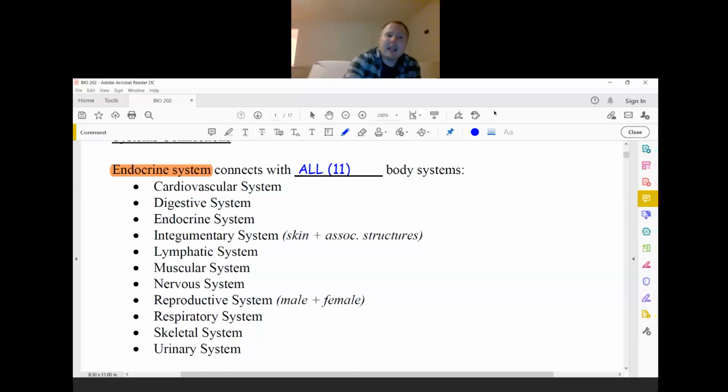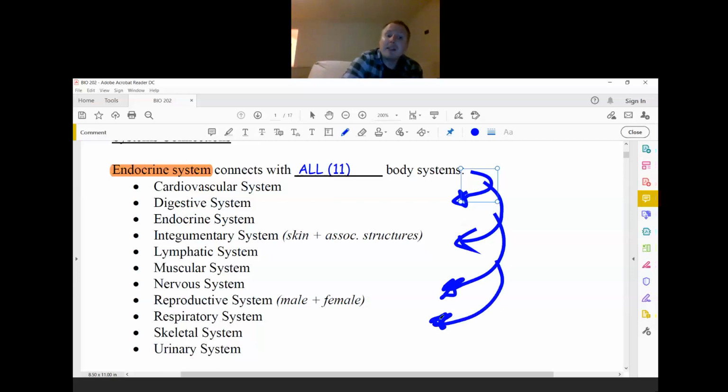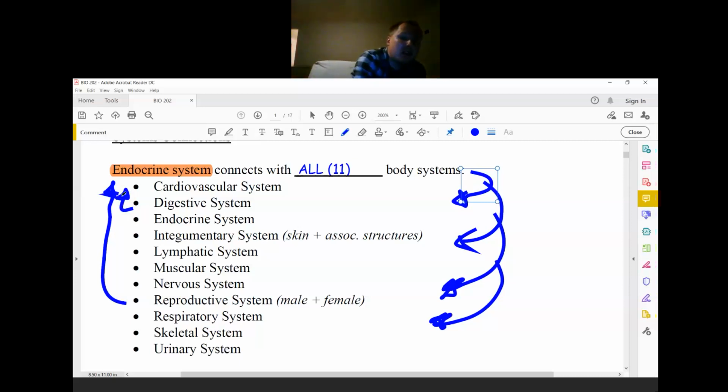And what we'll notice is that the endocrine system really affects all of the other body systems. So the hormones have an effect on all other parts of the body. And we see the reverse, that many of the other body systems produce hormones. So they also affect the endocrine system, or are involved with the endocrine system in that sense.